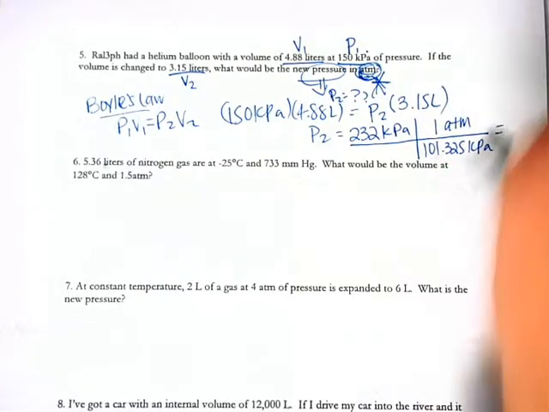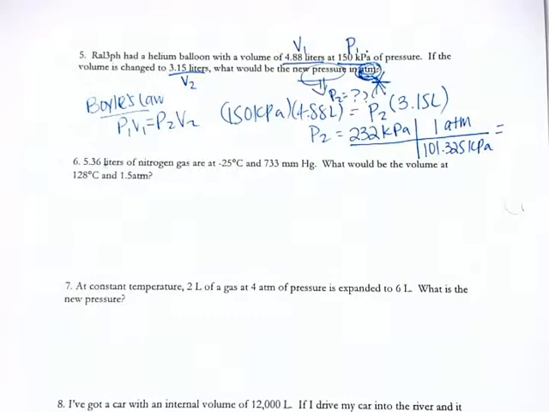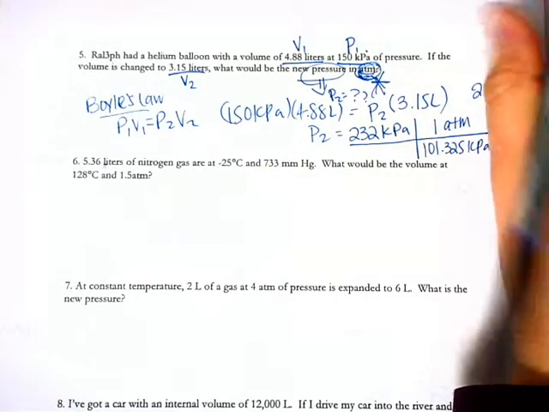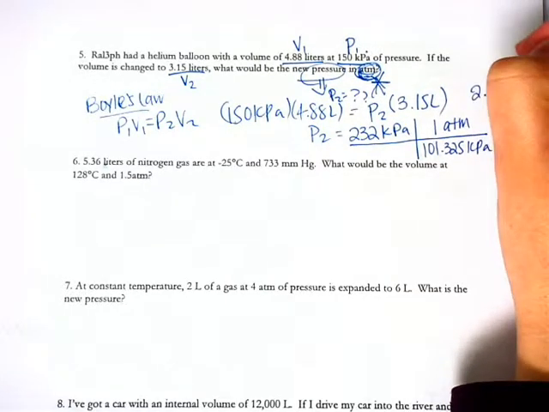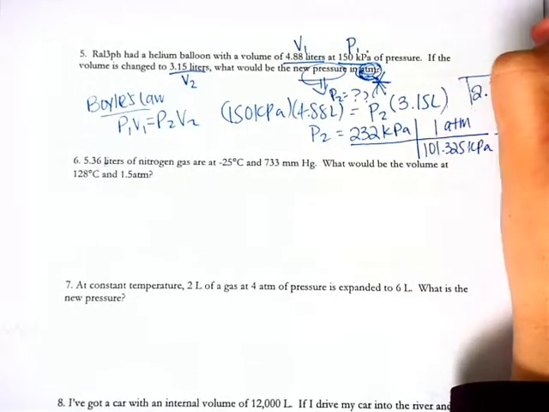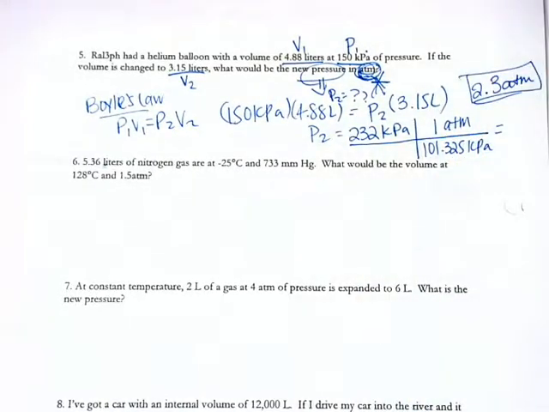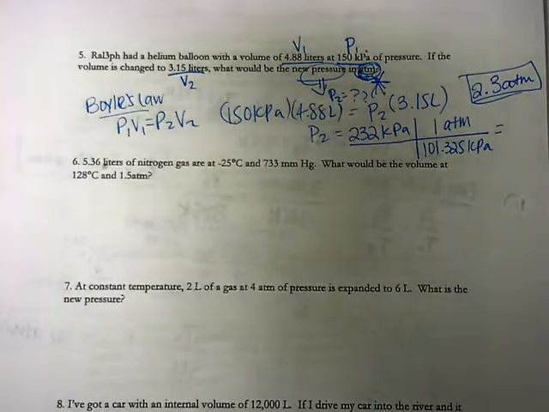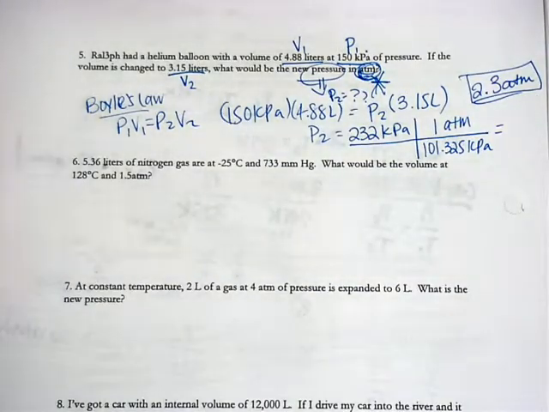You're good. So 232 divided by 101.325, and yes, I get 2.3 atmospheres. So units have to be the same on both sides. You're going to get out what you put in.